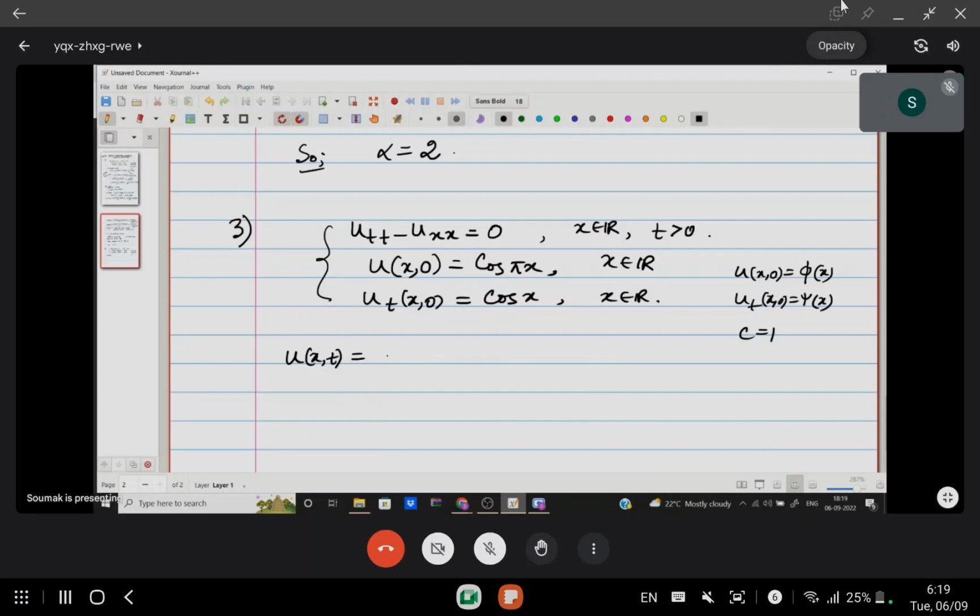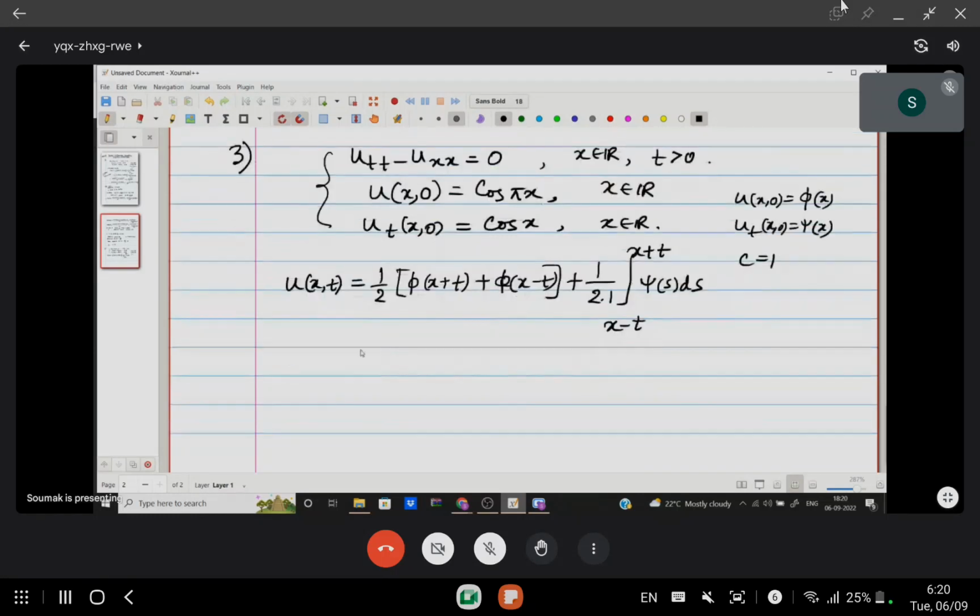Half of phi of x plus ct plus phi of x minus ct, here c is 1, plus 1 by 2 into c, which is also 1, times the integral from x minus ct to x plus ct of psi of s ds. This is the formula. Now I will replace phi and psi by cos pi x and cos x respectively.